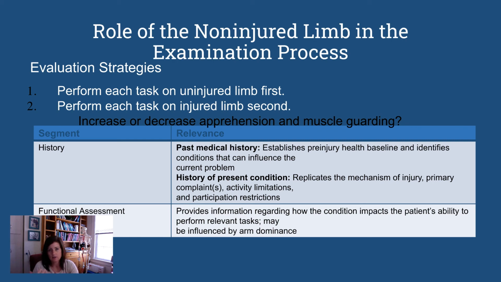It's a little bit different. It looks at fear avoidant behaviors. And then we can also look at just functional movement patterns of the body to see how different components are going to work together or how they're not working together because of injury. So we'll do a lot of functional movements to assess how patients are doing with that.